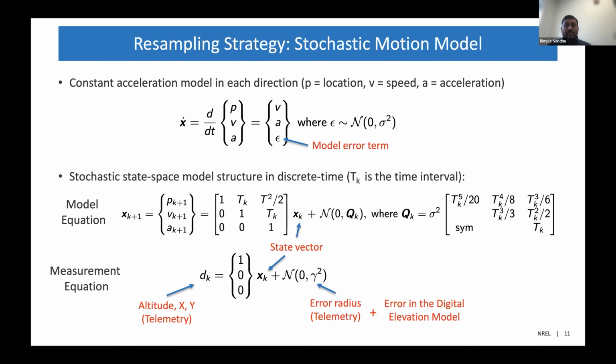Because the altitude above ground level that's computed has errors introduced by the altitude that's measured by the unit, the errors from the digital elevation model, and the errors in the horizontal location, because we use that location to figure out where the bird is and then get the ground elevation underneath that point. So there's three errors that are there.